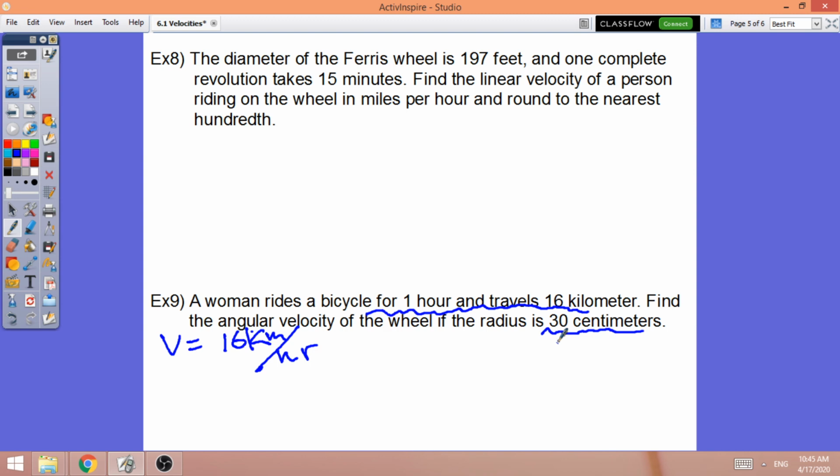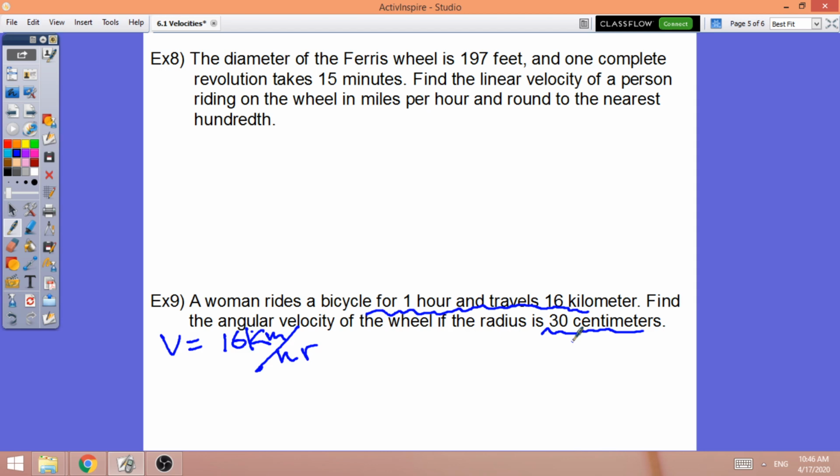Well, it depends on what you want for the final unit. You can convert that to radians per hour, or you can convert that to radians per minute. But it doesn't specify any unit for the angular velocity, so let's just convert that to radians per hour.